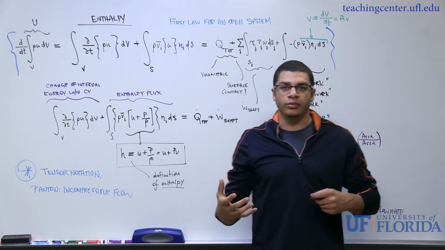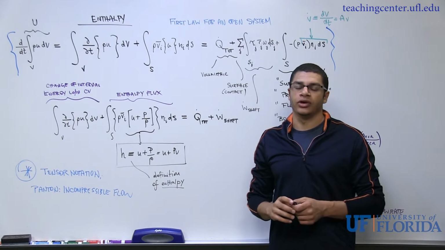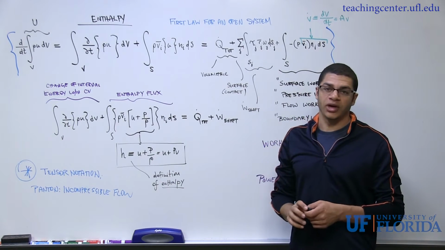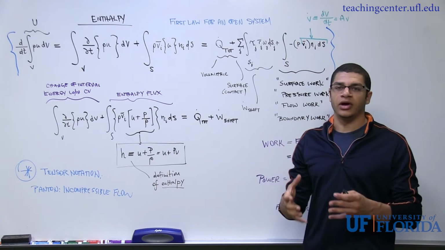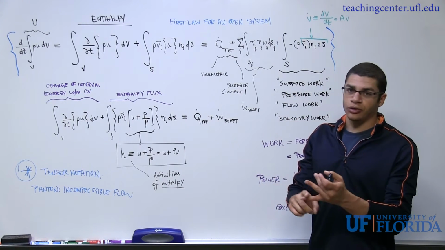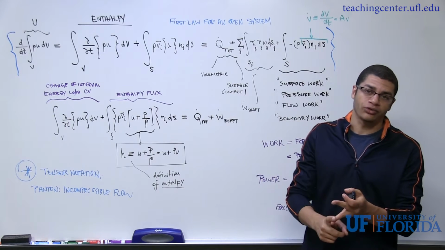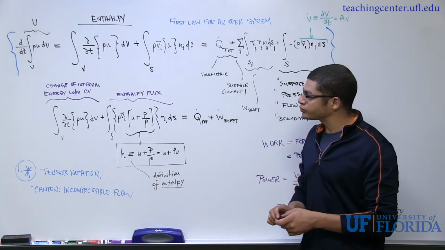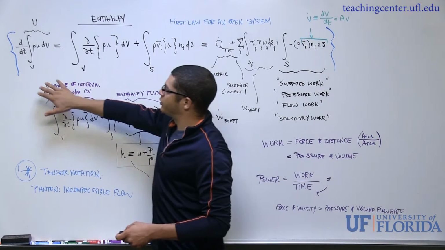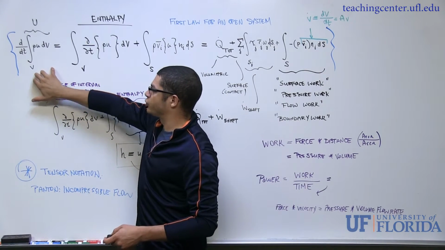And we should know from previous lectures or exposure to the first law of thermodynamics that the internal energy of a system can only be changed in several different ways: either heat transfer or work transfer, or by a mass transfer into or out of the system. So we've got one side of the first law.